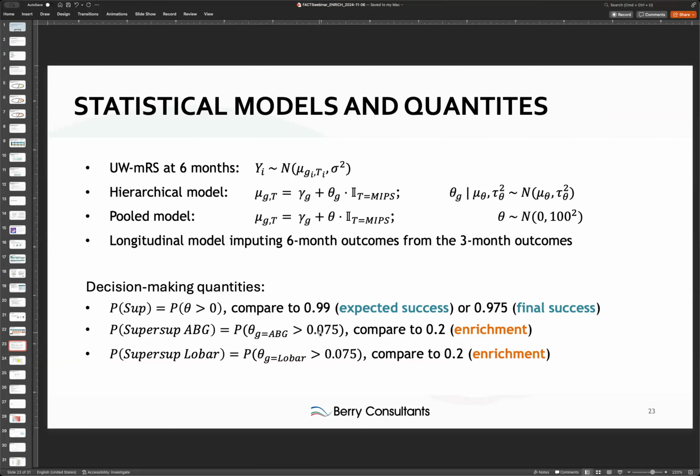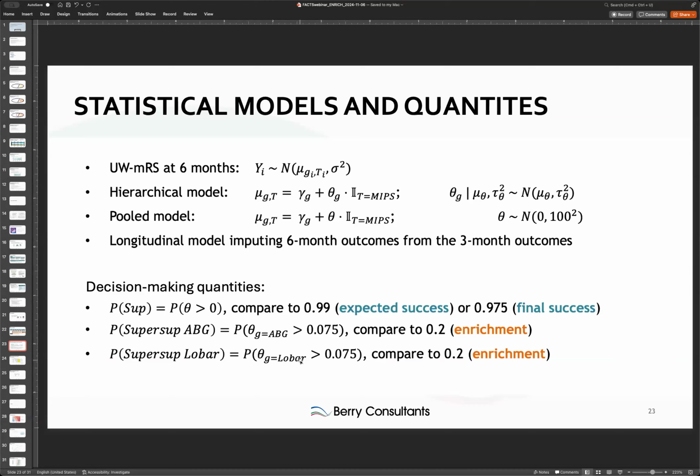And the clinically meaningful benefit is defined by this 0.075. This was done, as far as I understand, with collaboration with clinicians. I don't know exactly how they got to this 0.075 number, but if the posterior probability of demonstrating clinically meaningful benefit in a subgroup is low, less than 0.2, then we would drop that subgroup, that location, for futility. That would be an enrichment decision.